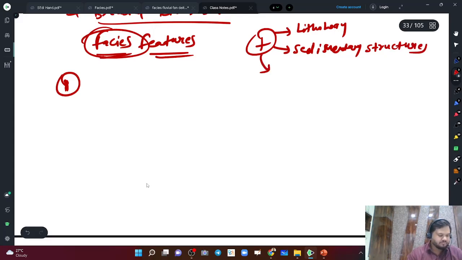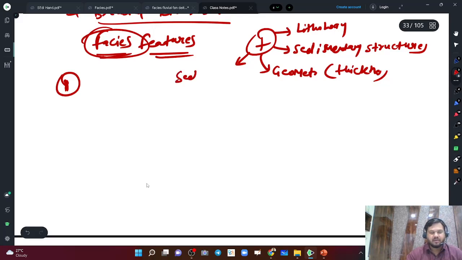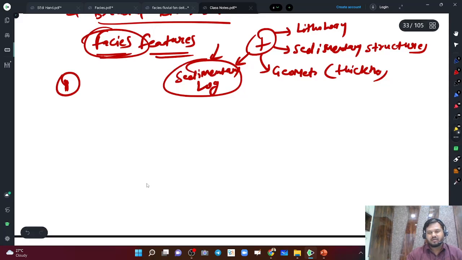We should write about geometry, right? The thickness of beds. And the most important is we should try to draw a sedimentary log. We have seen this earlier also. This is the USP of this topic, sedimentary logs.